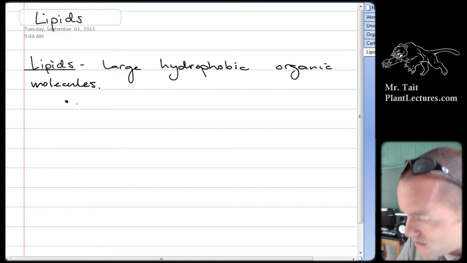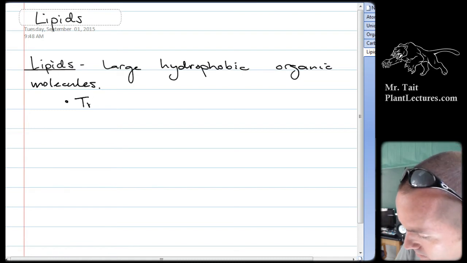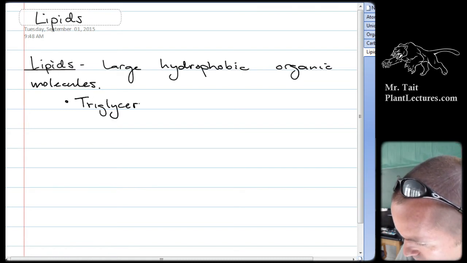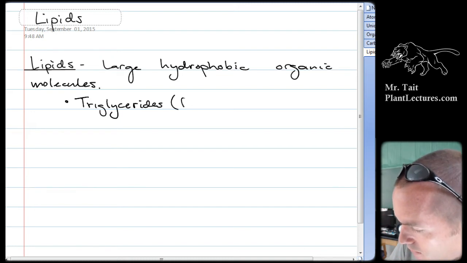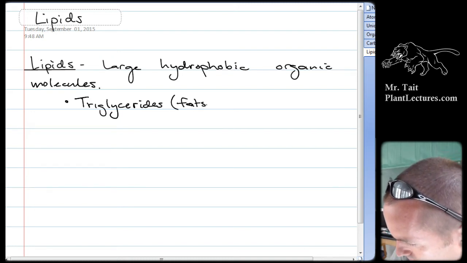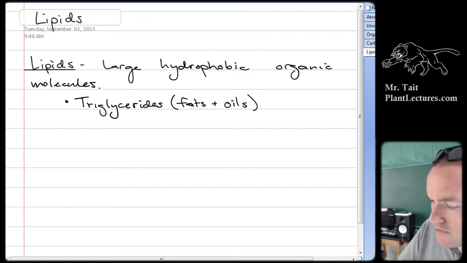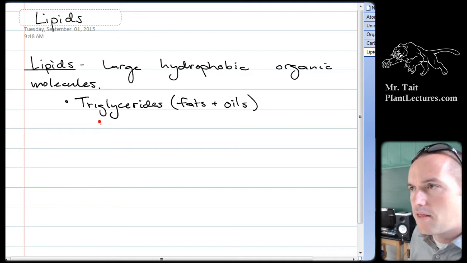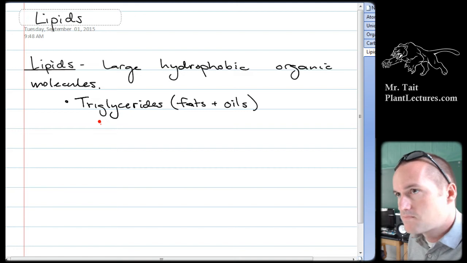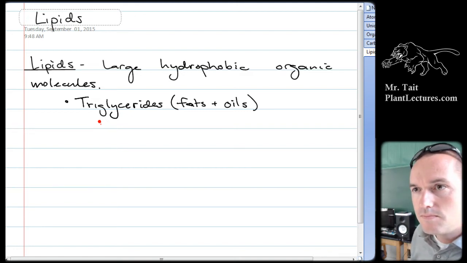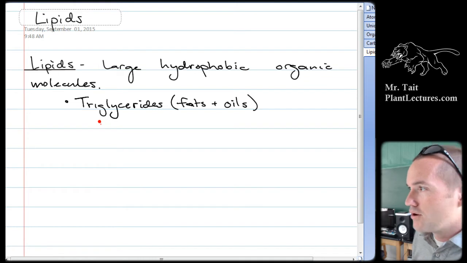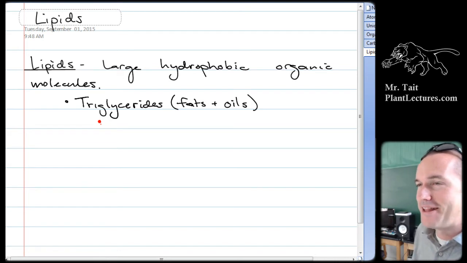Okay? So the first type is something that we call a triglyceride. The triglycerides. And these are fats and oils. Okay? So the main purpose of triglycerides, what do you think? What do fats and oils do for us? On a biological standpoint, what are the main purposes?